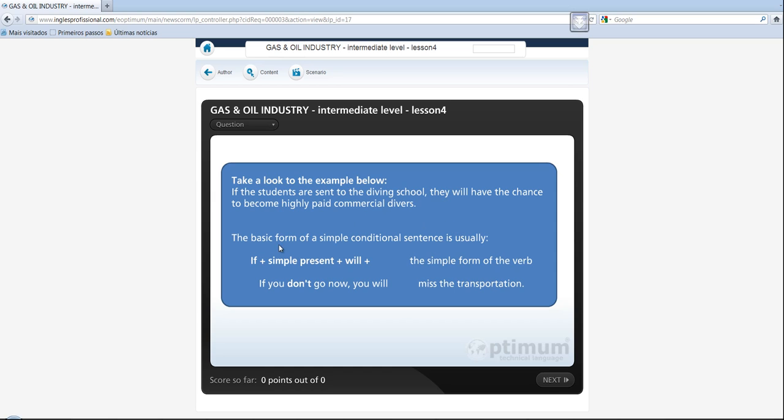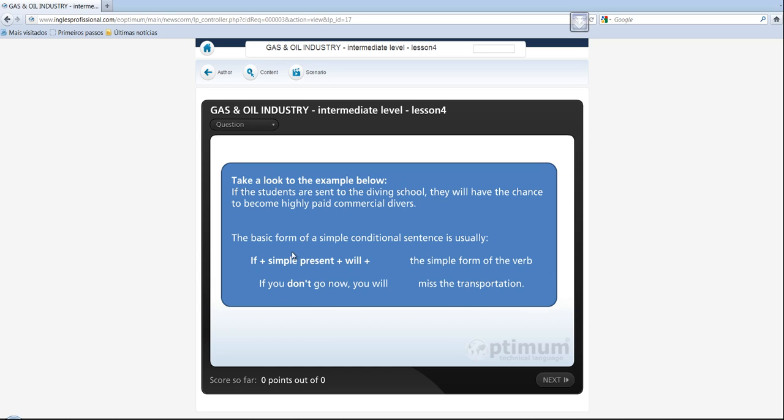We have here the basic form of a simple conditional sentence. So we have the if clause right here, and then we have to use the simple present plus the simple future, will. So the simple form of the verb comes after that. An example here: if you don't go now, you will, and then we have here the simple form of the verb, miss the transportation.